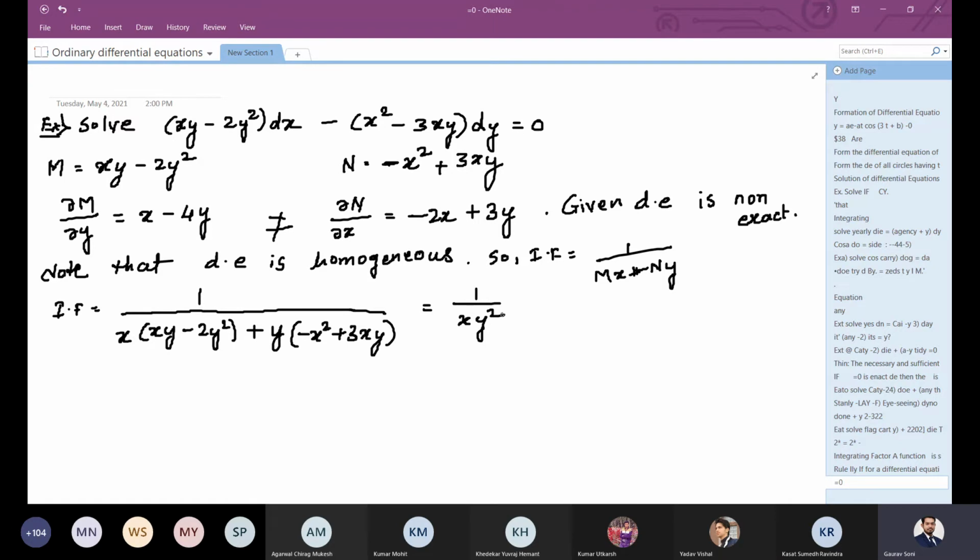What is the use of the integrating factor? When we multiply our differential equation by this integrating factor, my differential equation will become exact.